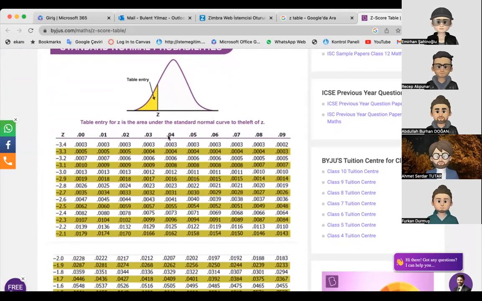For example, what would be the probability of obtaining a number which is less than minus 3.3? Can you see that, guys? Here you see that there are numbers for each and every z value.